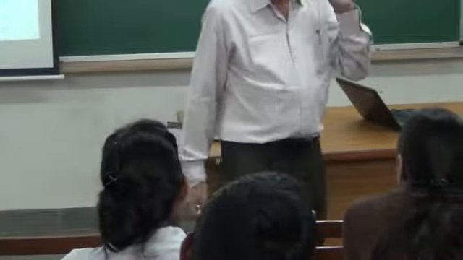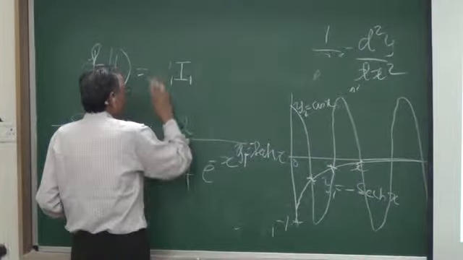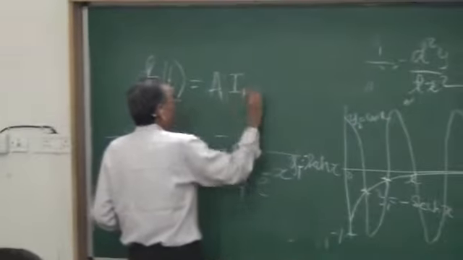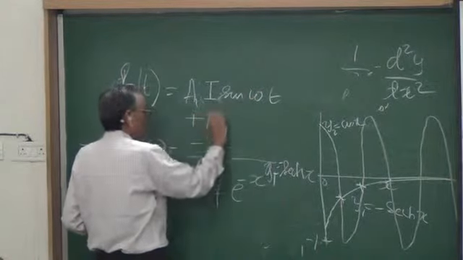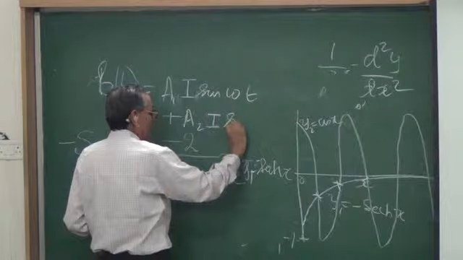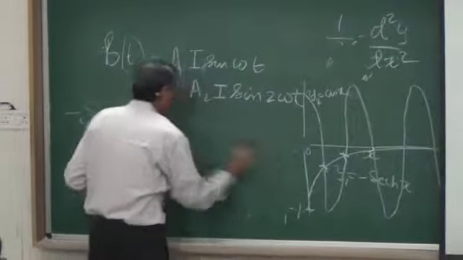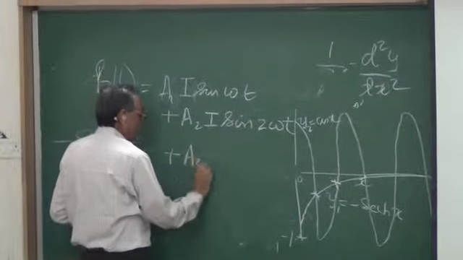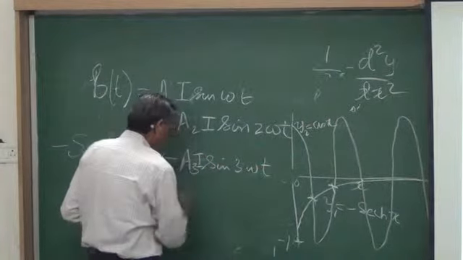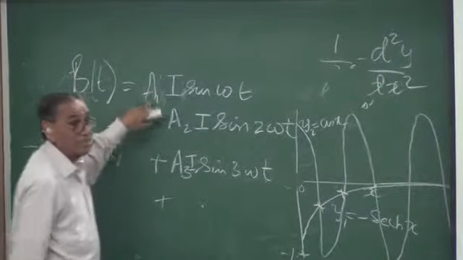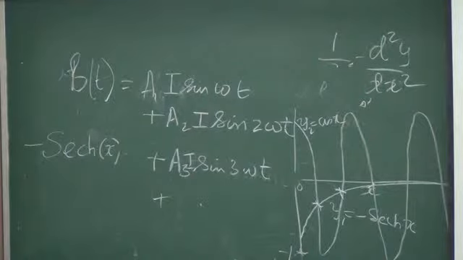So the magnetic field produced by it will have terms: B as a function of t will have one term A1 I sin omega t, plus A2 I sin 2 omega t, plus A3 sin 3 omega t, plus etc. A1 has the largest value, A2 will be smaller, A3 will be smaller.